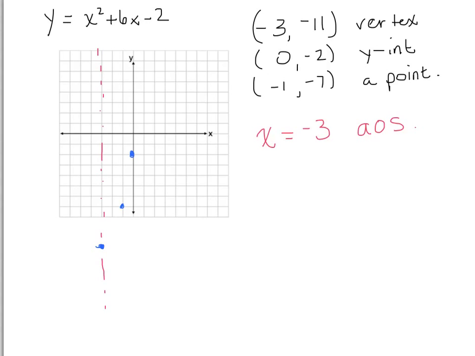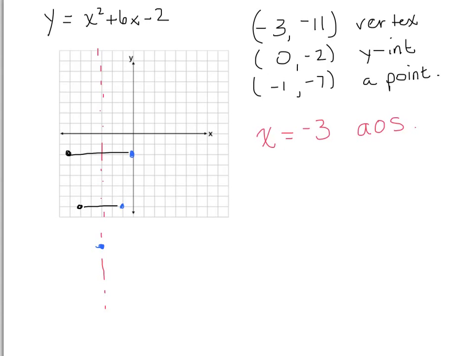It goes down through the vertex. Now, every point that I have on there that's not the vertex is going to have a symmetric point. So this point here is going to be symmetric across that line. So 2 units away, I put that one. This has a symmetric partner 3 units away from the axis of symmetry, right there. Okay?